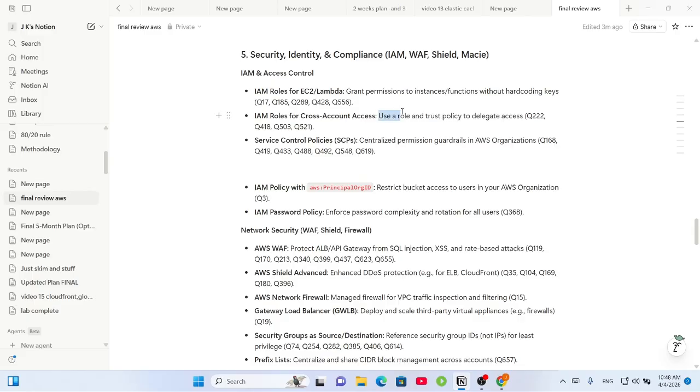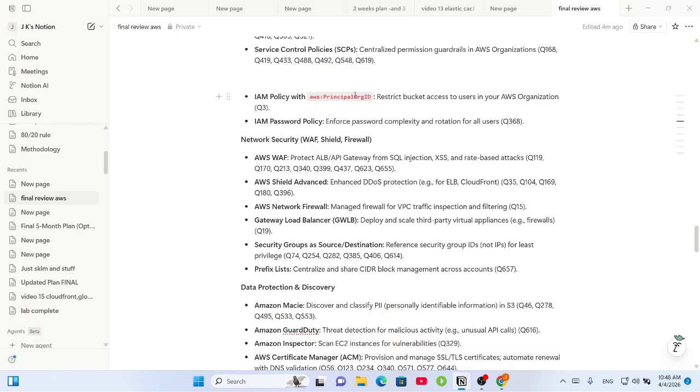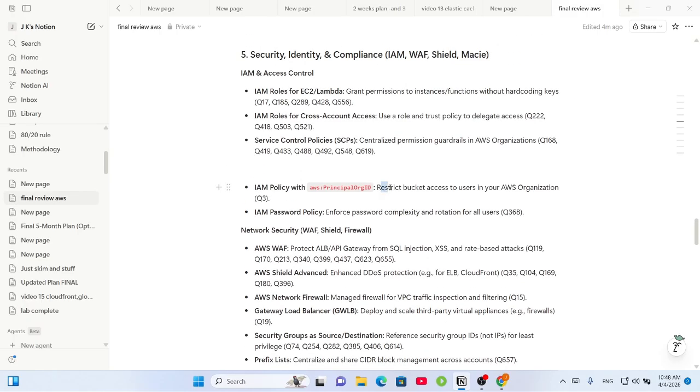You can do this. Service control policies give centralized permissions and guardrails in AWS Organizations. IAM policies with aws:PrincipalOrgID restrict bucket access to users in your AWS organization.